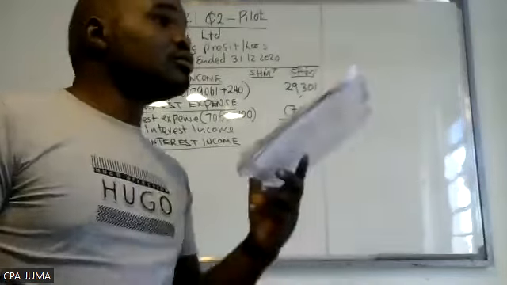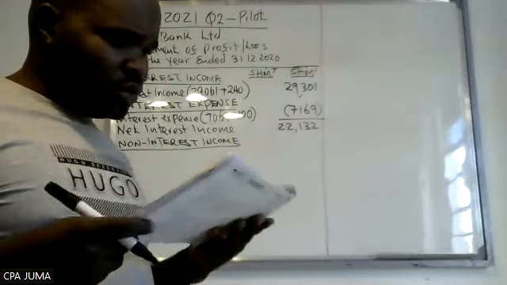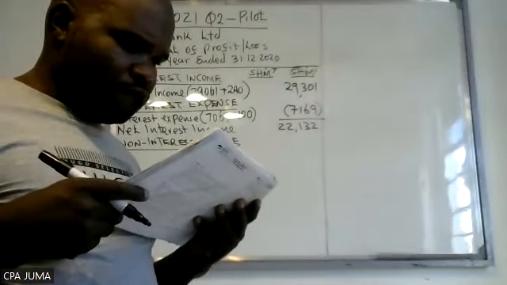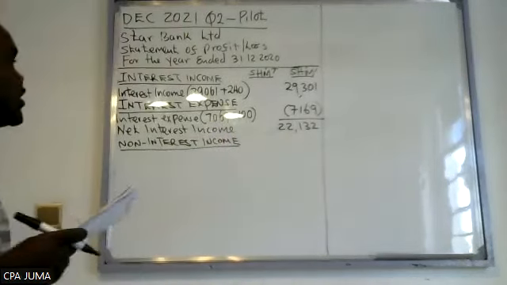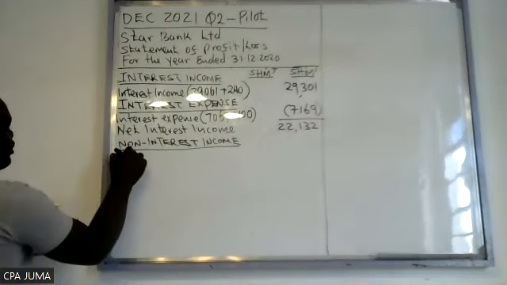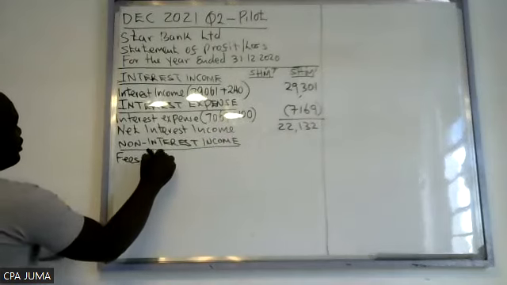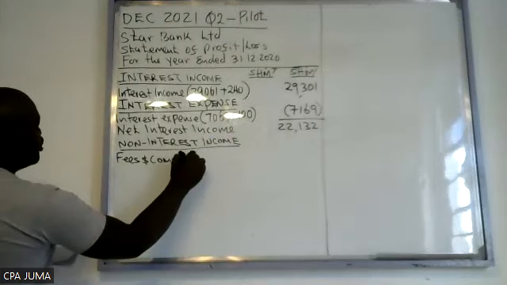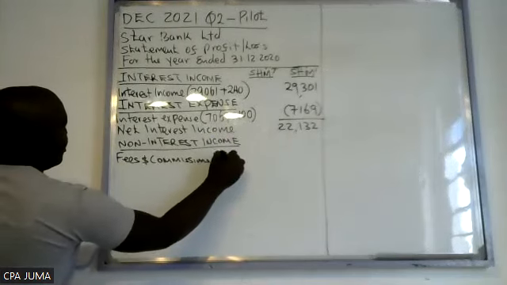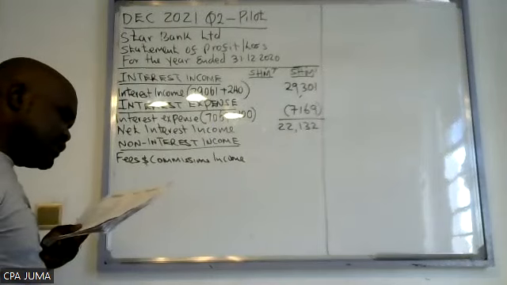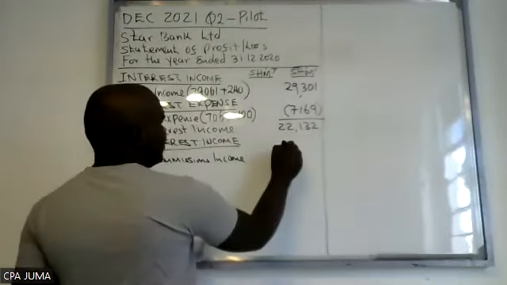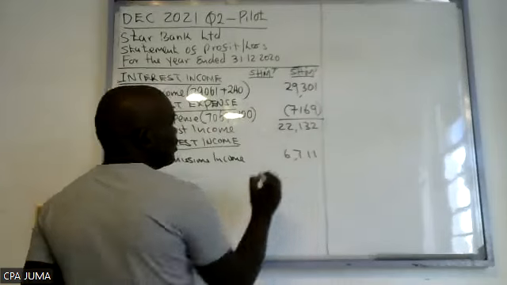Which one are you seeing? There is fees and commissions income. That one I can see 6711 there.